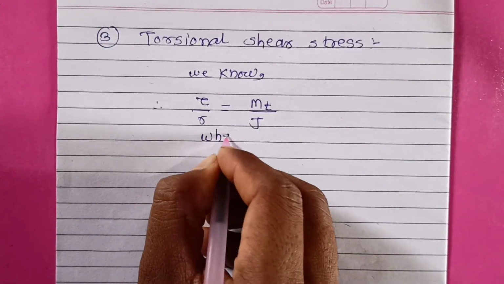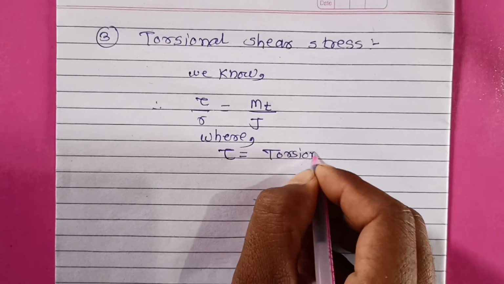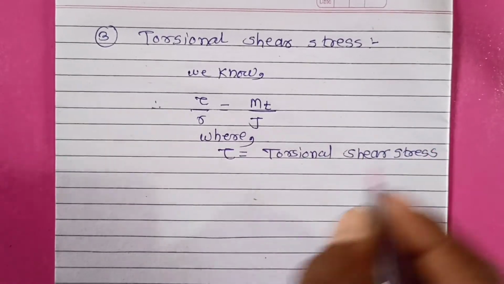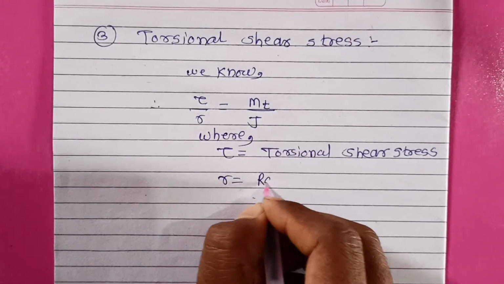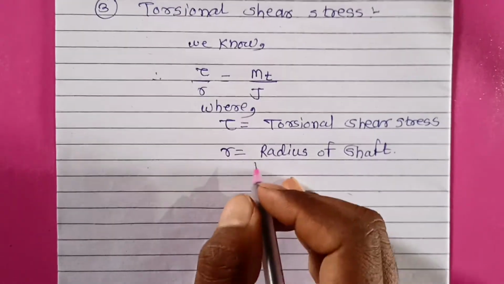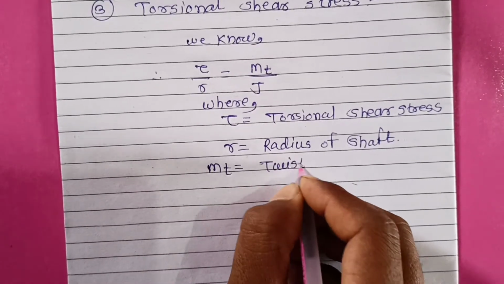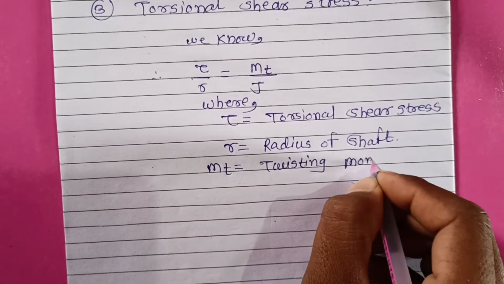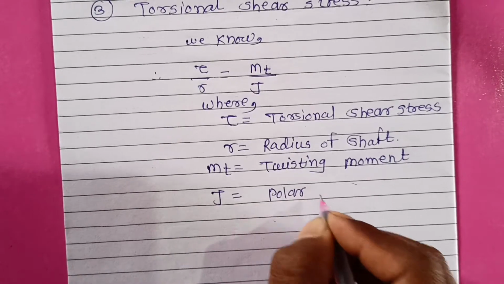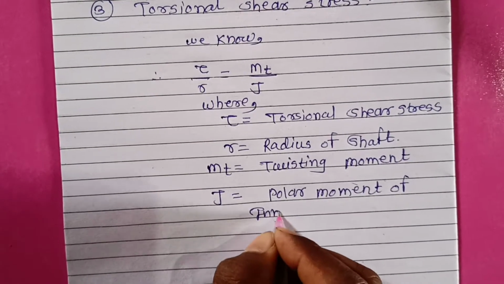Where tau is nothing but the torsional shear stress, r is nothing but the radius of the shaft, mt is nothing but the twisting moment, and j is nothing but the polar moment of inertia.